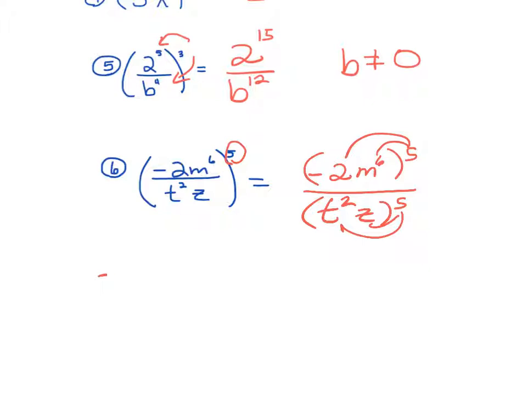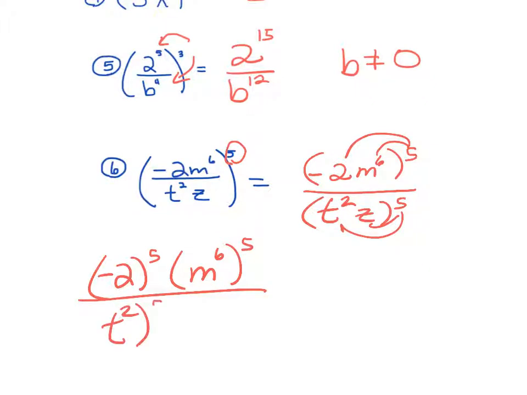So here, -2 to the 5th, m to the 6 to the 5th, t squared to the 5th, z. Now notice this didn't have an exponent, so I assume there's a 1 there. And now I can start multiplying and figuring out what all these are.